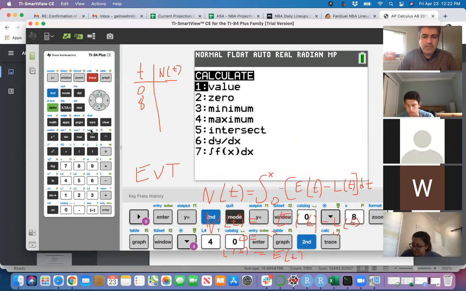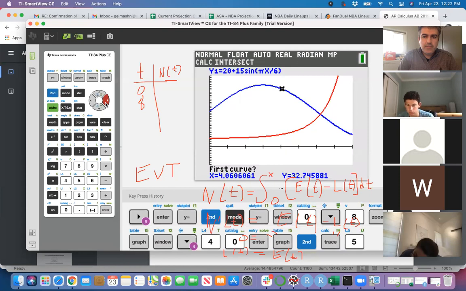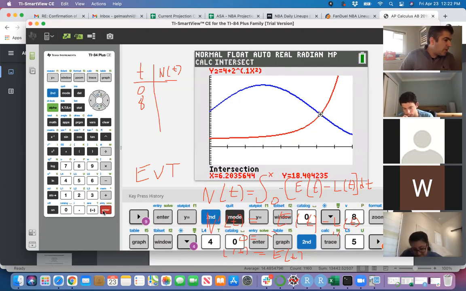Second trace, option 5. Just get close to it, hit enter 3 times. So 6.20356. Now I have to plug this in, and this is the part where you have to be a little patient.